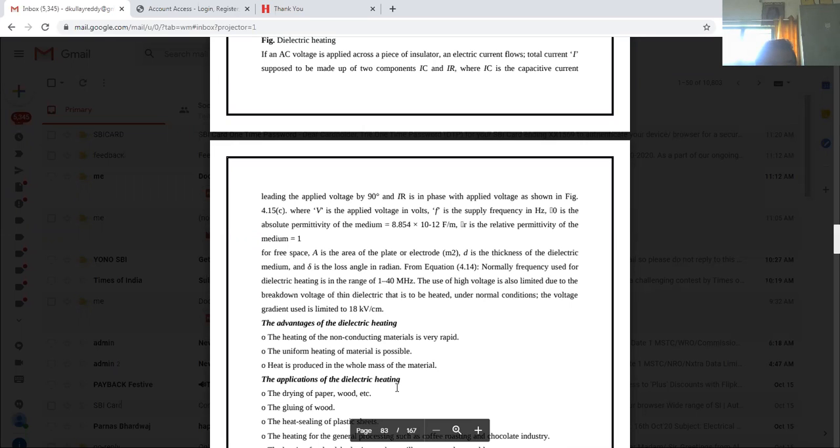Generally, you have to maintain a voltage gradient of 18 kV per centimeter. In dielectric heating, the frequency range is 1 to 40 MHz, which is a high frequency range.